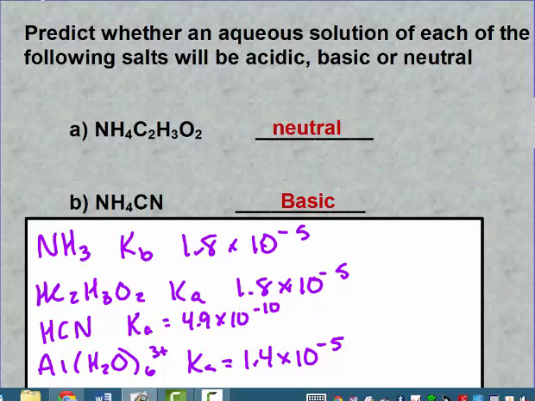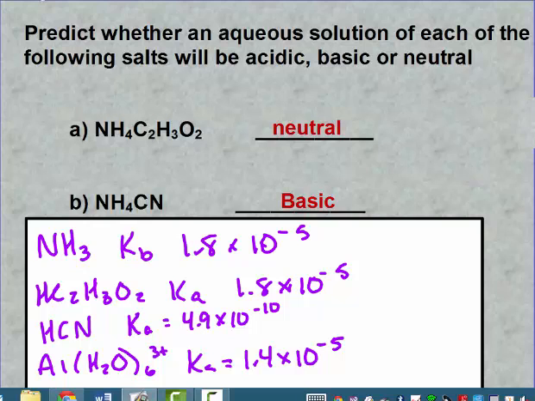Which one is stronger? Kb. And so if our base is bigger, our conjugate acid would be weaker. So the stronger the base, the weaker its conjugate acid. This one is a very weak acid, so its conjugate would be stronger.